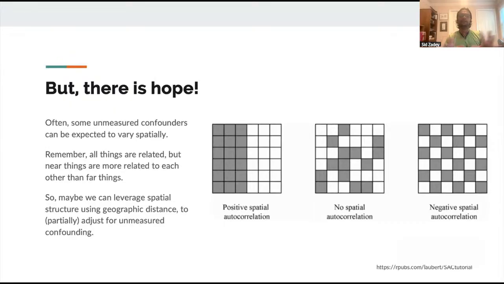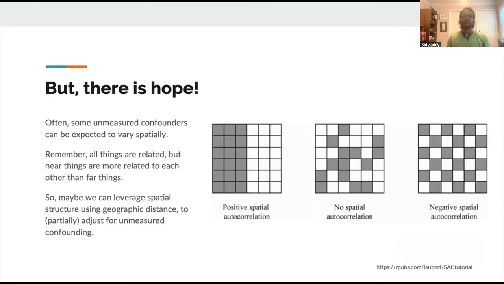So here is the central thought of all of what we are doing. We have variables that we did not measure, but we know that those variables are expected to have some variation which is spatial in nature. This follows from our initial laws in geography or demography that say that things that are close to each other are more related than things that are farther apart.